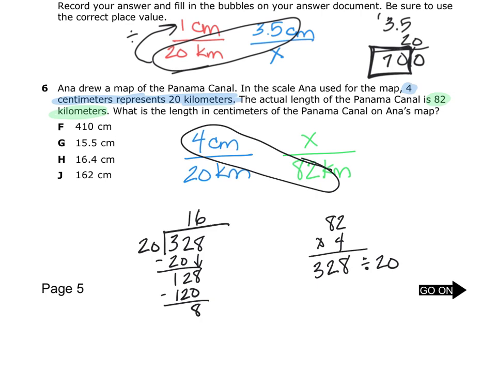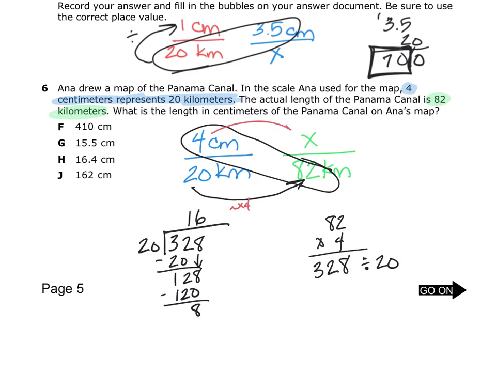And again, here's where I can stop and look at my answer choices. I only have 2 choices that have a 16. Also, let's look at estimation. 20 times 4-ish is about 80. So just using estimation, this is about times 4-ish, not exact.